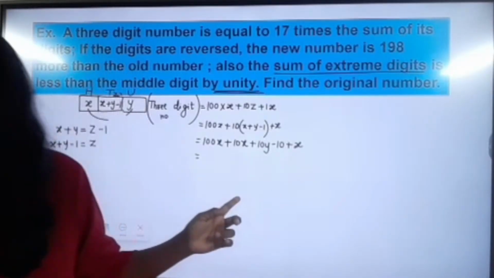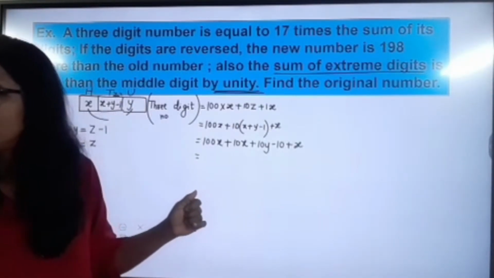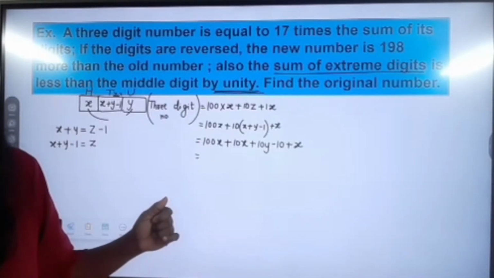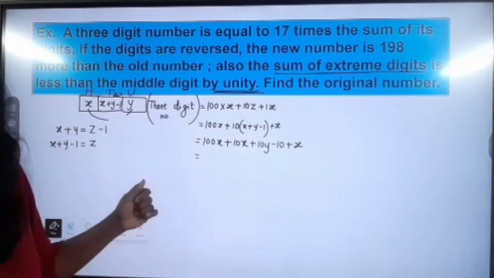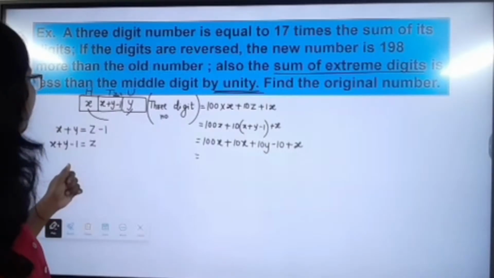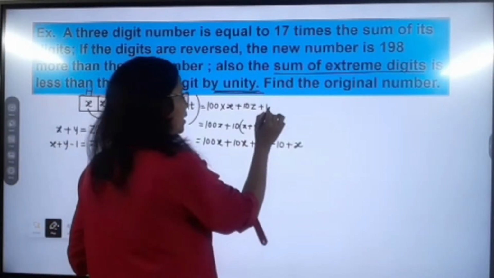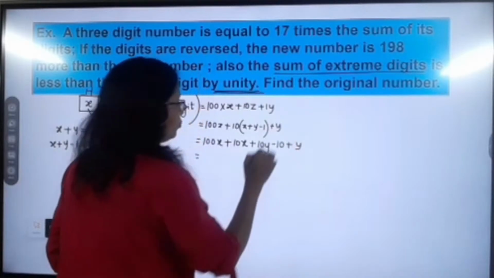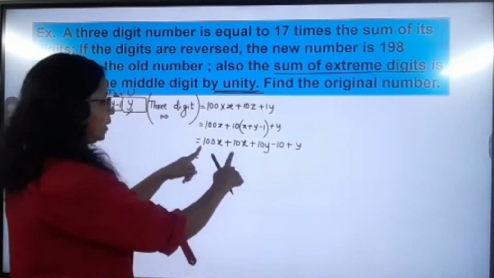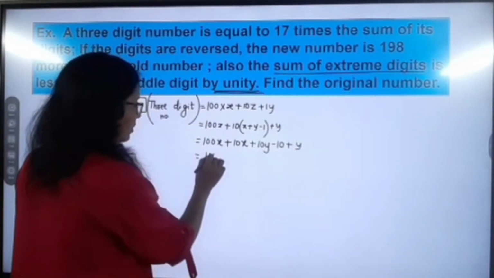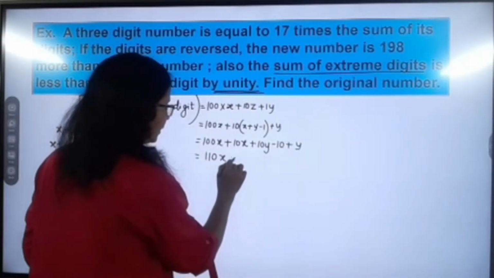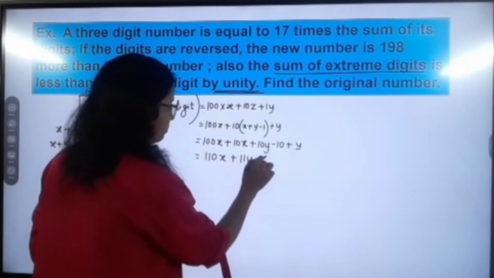Students, here is some mistake, here is the 1. So 100x plus 10x, that is 110x, and 10y plus y, that means 11y, and minus 10.